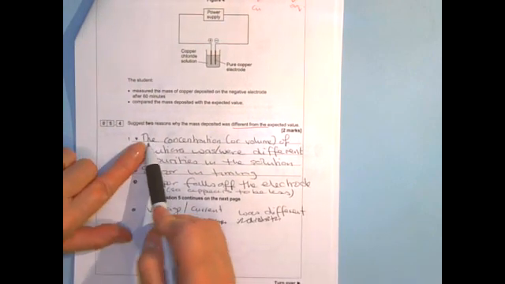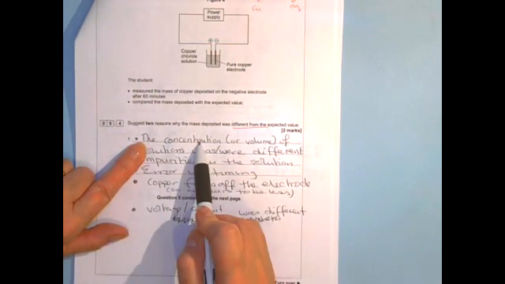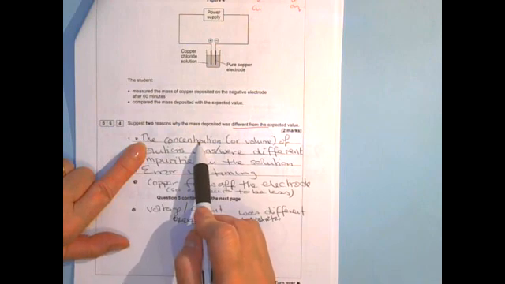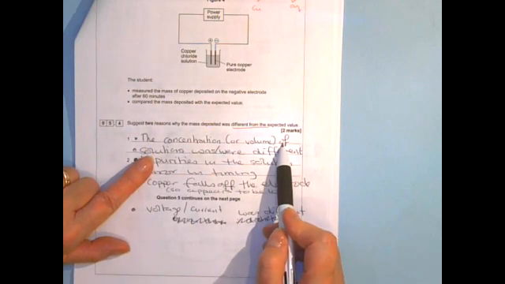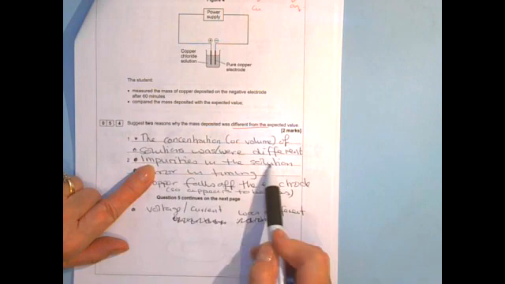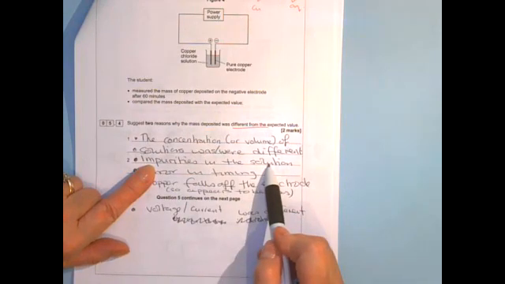So possibly the concentration or even the volume of the solution was different, so it wasn't what they were expecting. Maybe there were impurities in the solution, so you're not getting as much as you think. You might not have timed it for 60 minutes.